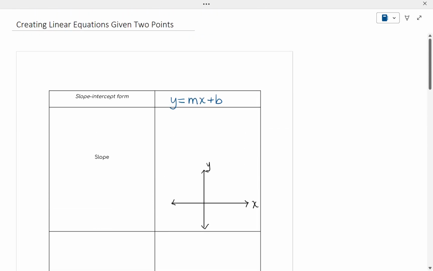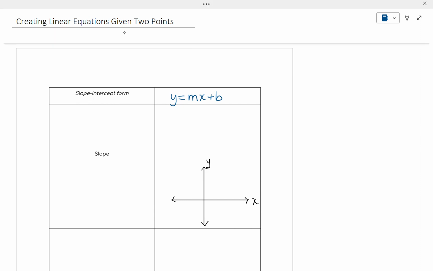All right, so first talking about slope, which is commonly known as m in slope-intercept form. Slope is the measure of steepness of a line. And you should have seen in the graphical analysis of linear equations assignment that the greater the value of slope, the more steep the line becomes.